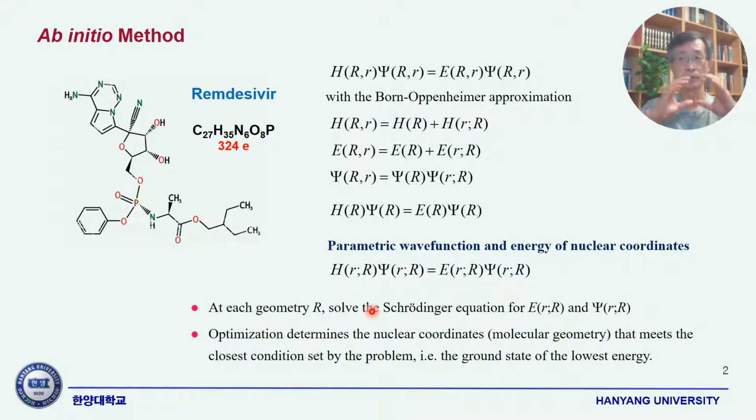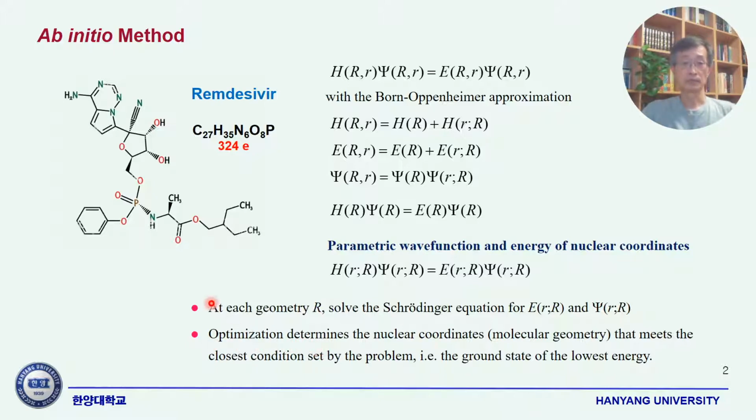Once you solve this, depending on the problem, if you are looking for the ground state, meaning the lowest energy state, then you will find the lowest energy by moving your nuclei, optimizing the nuclear position, meaning the molecular geometry, so that you can achieve the lowest energy. That is the procedure we call optimization.